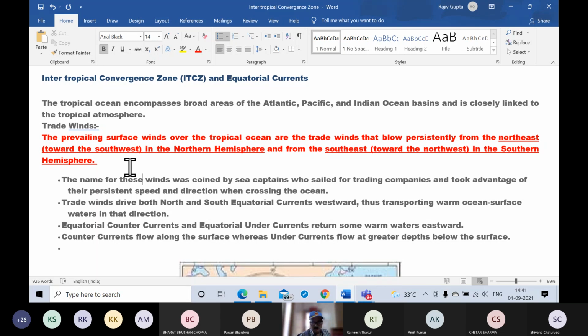So when they blow the north and south equatorial currents westwards, they are transporting warm ocean surface waters in that direction, which is westwards. Then there are counter currents. Counter current means something is coming back in the opposite direction.